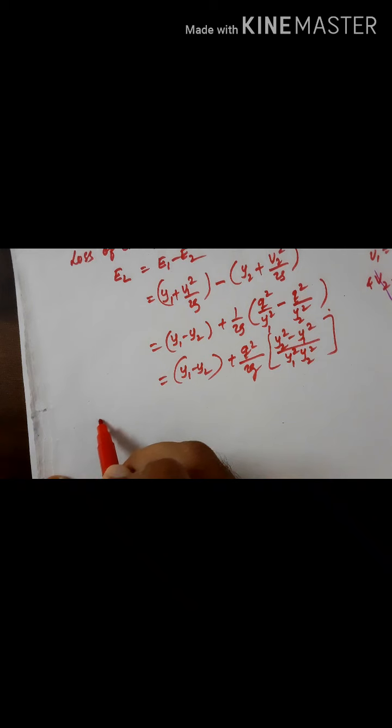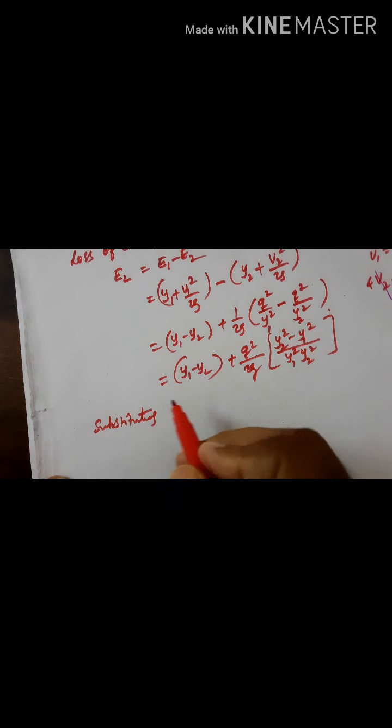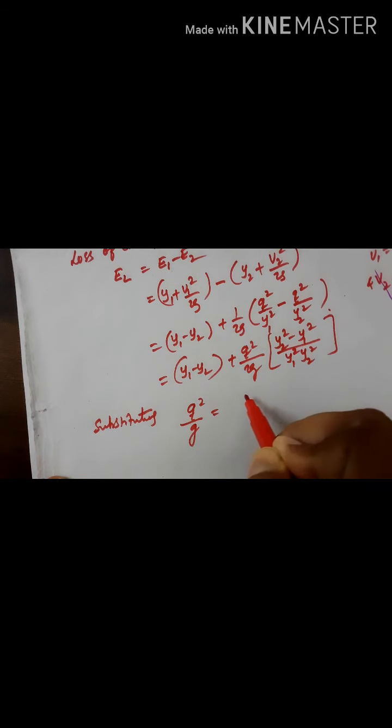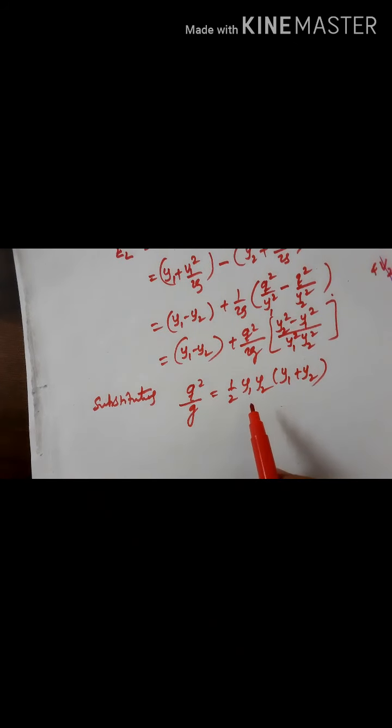Further, substituting, q square by g is equal to half y1 y2 into y1 plus y2. This we have got from the derivation of the depth of the hydraulic jump.